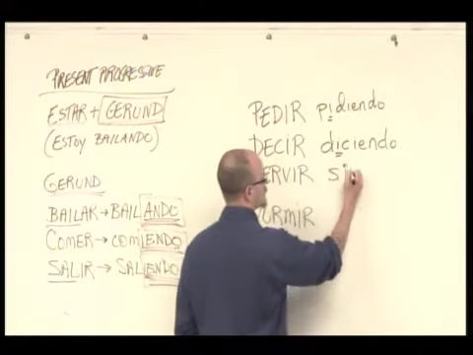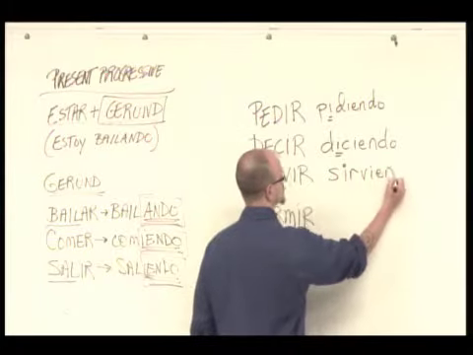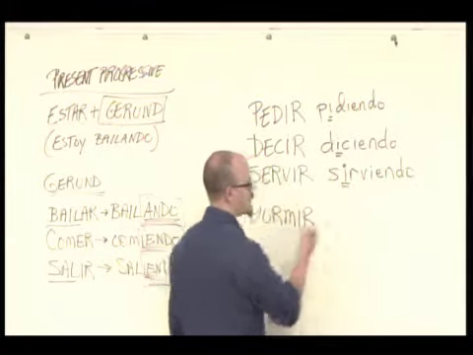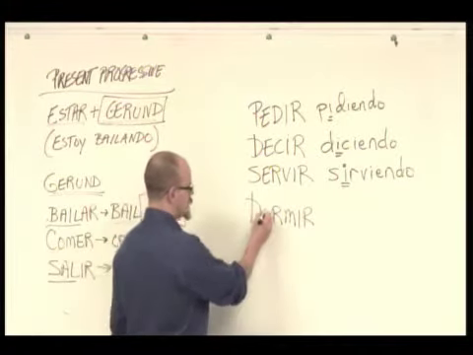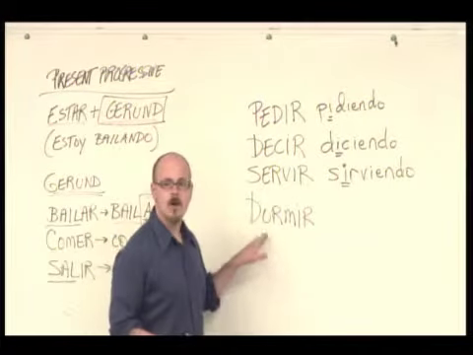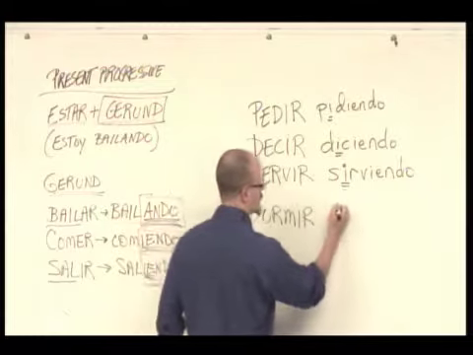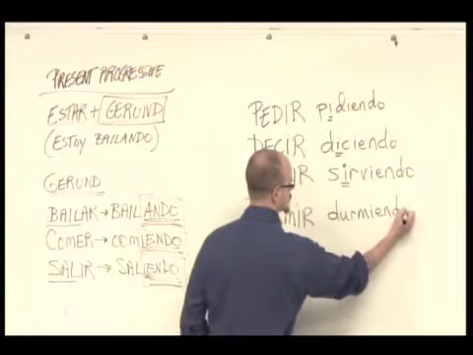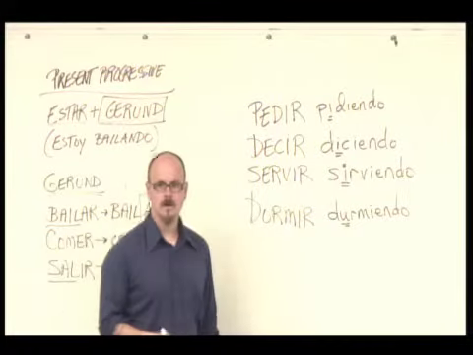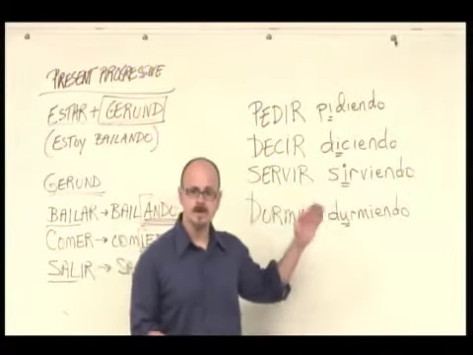Servir will become sirviendo instead of servendo. And in dormir, which means to sleep, the O will become a U. So we have durmiendo. Okay? So those are some irregulars.